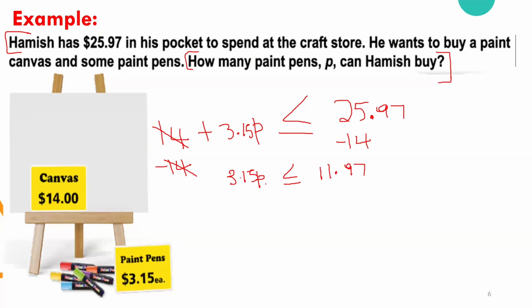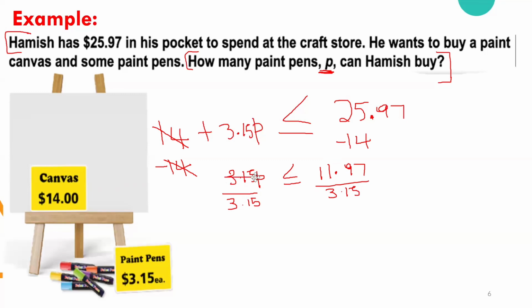Now, we still need to find the value of p. So we need to get rid of the 3.15 by dividing by 3.15, because the goal is to get p by itself. It says in the statement how many pens p, so p is what we want, not 3.15p. But remember again, if you divide the left-hand side by 3.15, we do the same thing to the right.